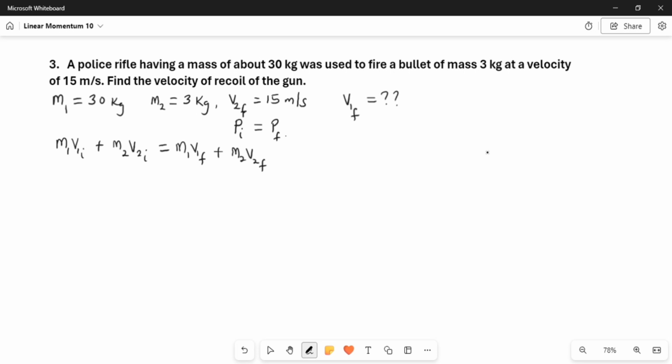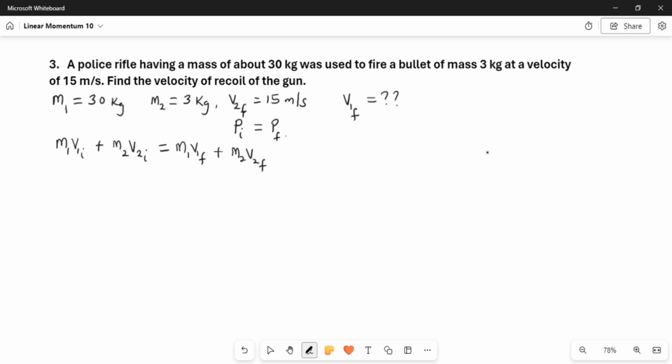But then you check our equation, we have m1, we don't know what is v1I, but we'll get it. We have m2, we don't know what is v2I, but we'll get it. Then we have m1 here, we are to find v1F, we already know v2F and m2. So what is v1I, what is v2I? Now, before this rifle was used to shoot that bullet, we agreed the rifle was in a state of rest.